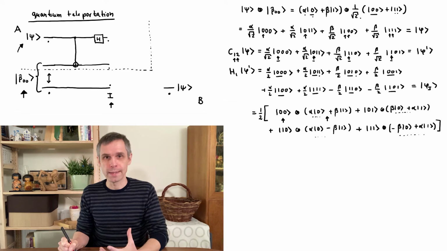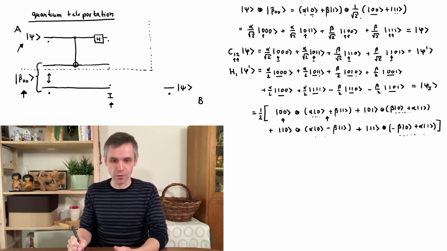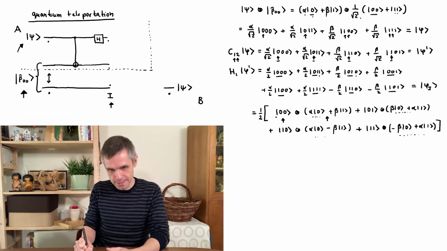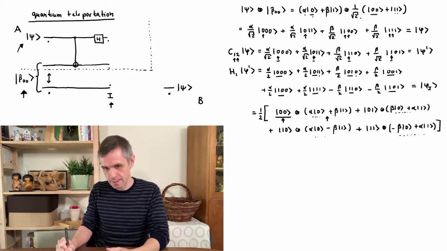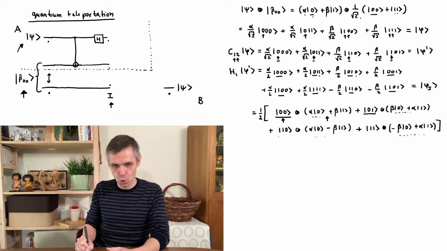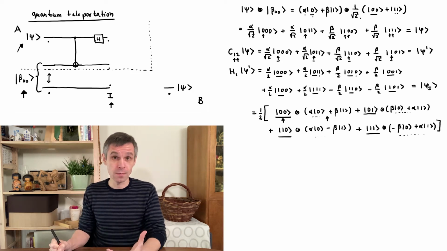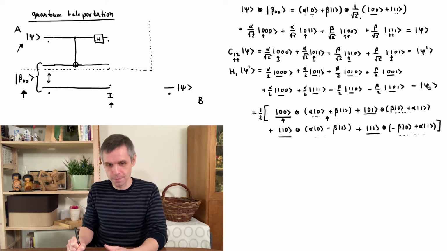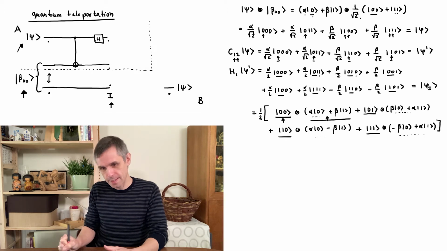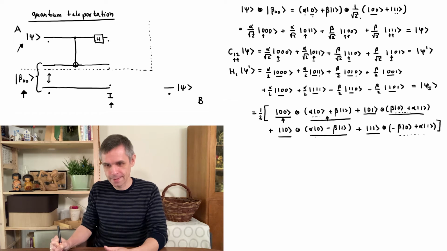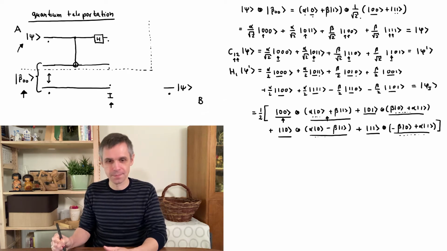So what would be really nice is if we had a mechanism by which we could find out in which state Alice's quantum bits are. Are they in this state, or this state, or this state, or this state? Because then we would also know in which state Bob's quantum bit is, namely this state here, this state here, this state here, and this state here.